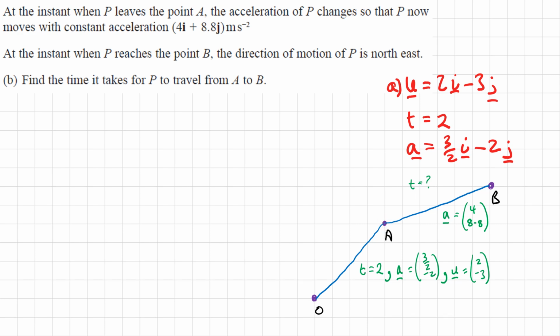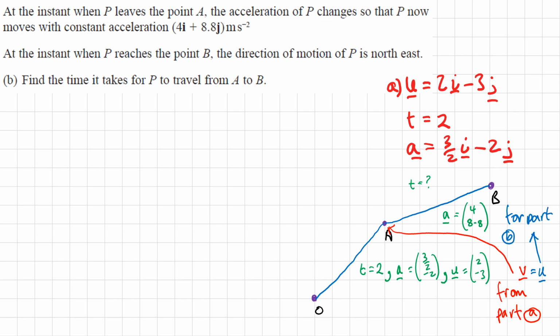So the velocity at this point A is going to be v, using the values that I used in part A. That v that I get from part A will be my u for part B. So this will equal my u basically for this part of the question, so for part B.